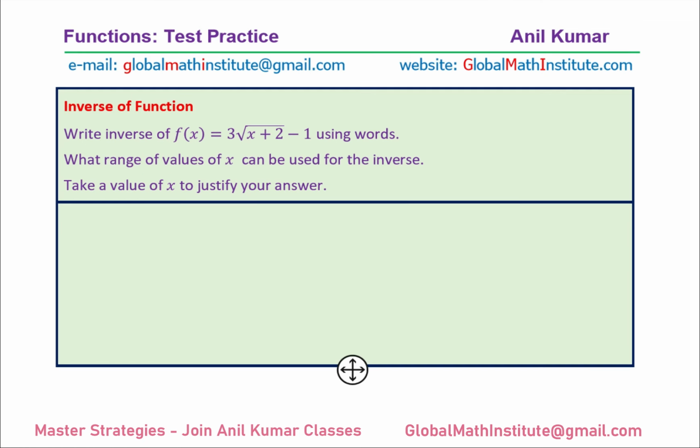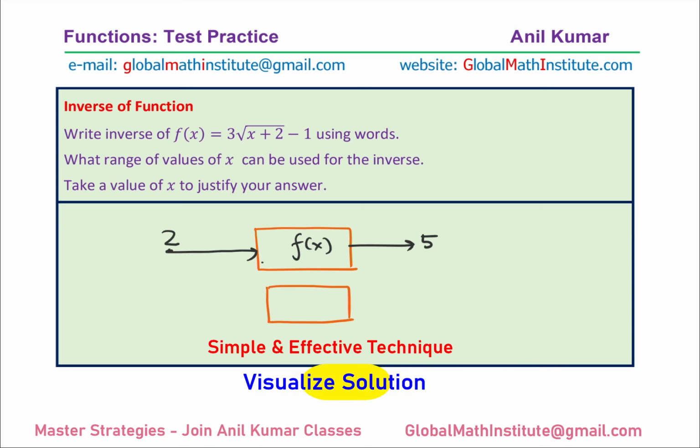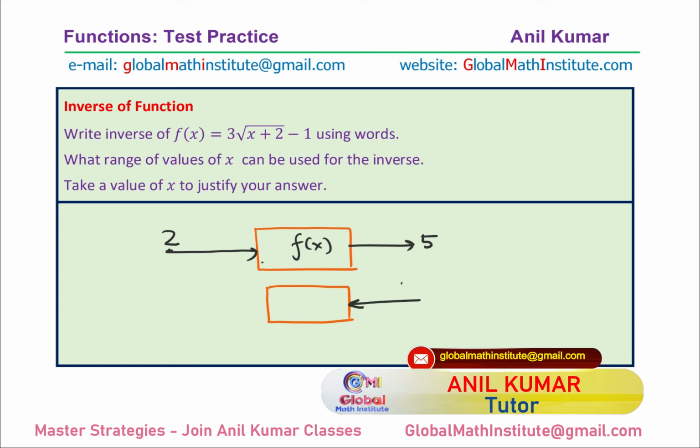So let me rewrite this. So what we have shown just now is that with the help of an example, if I feed in 2 to our function f of x, then what we get here is 5, right? On the other hand, if I reverse this operation, that is to f inverse x, right?